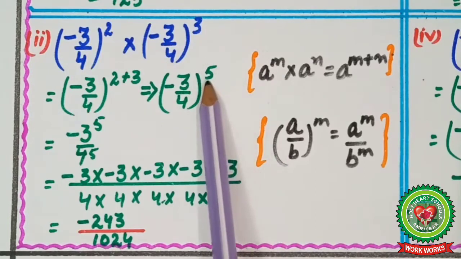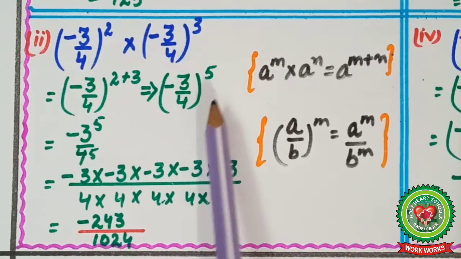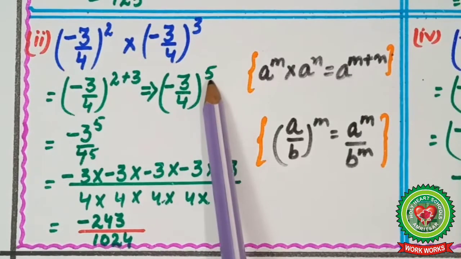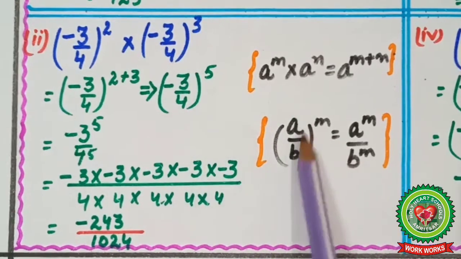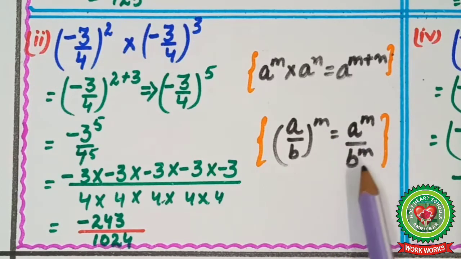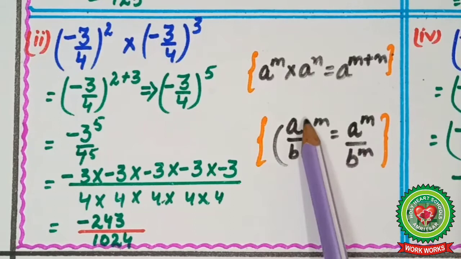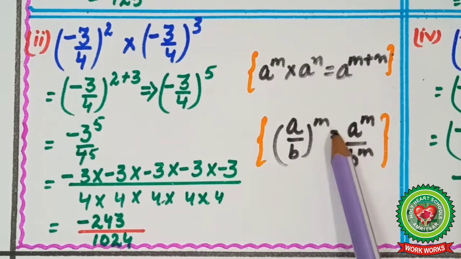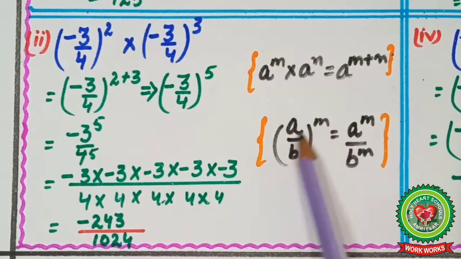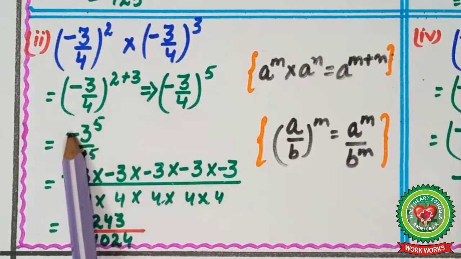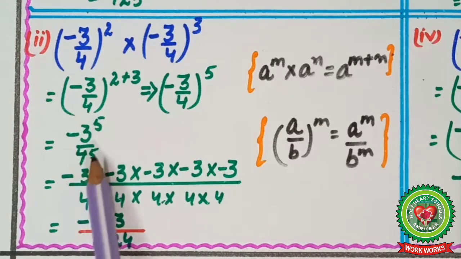Now students, we have done this law that whenever we have a bracket and it is raised to a power, (a upon b) raised to power m is equal to a raised to power m upon b raised to power m. That means if the power is outside the bracket, it is the power of the numerator as well as the denominator. So you will have minus 3 raised to power 5 upon 4 raised to power 5.